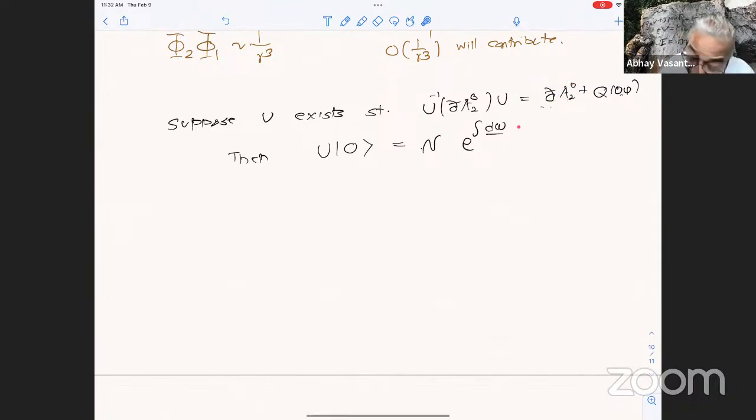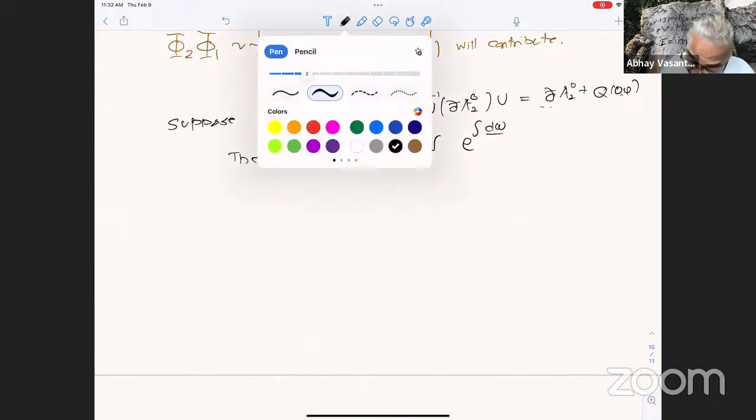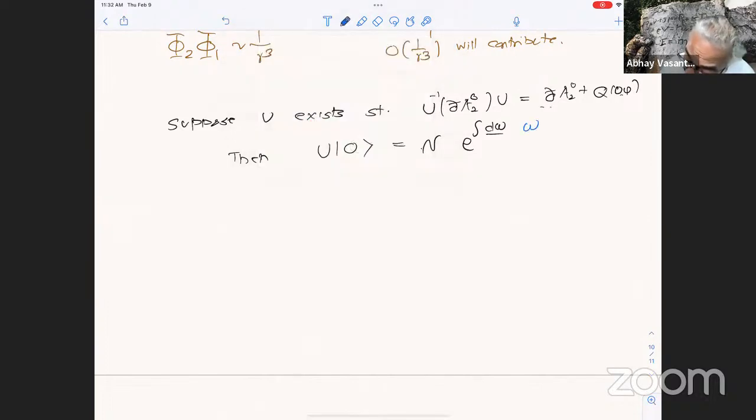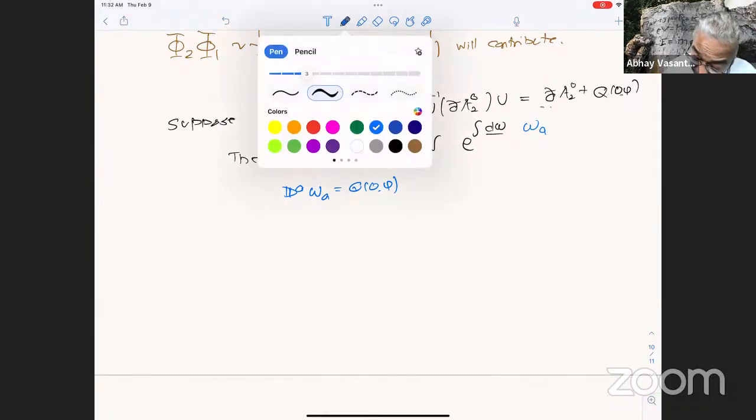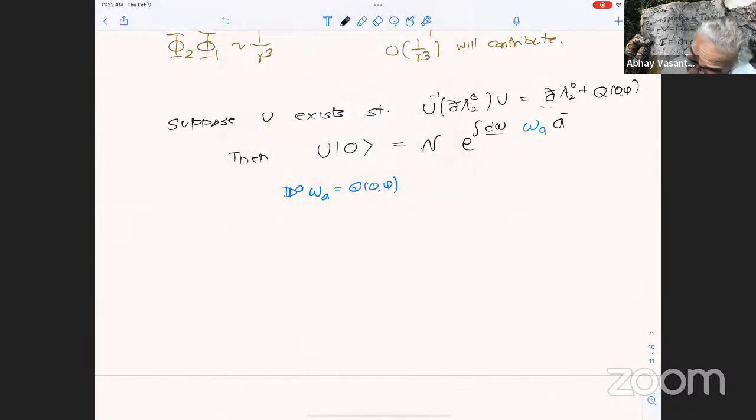So in this case, that object which you call, I'll put a different color up here, I got this one-form omega, which is such that dA omega A, two-dimensional dA omega A, was equal to Q. So that one-form omega times A dagger.